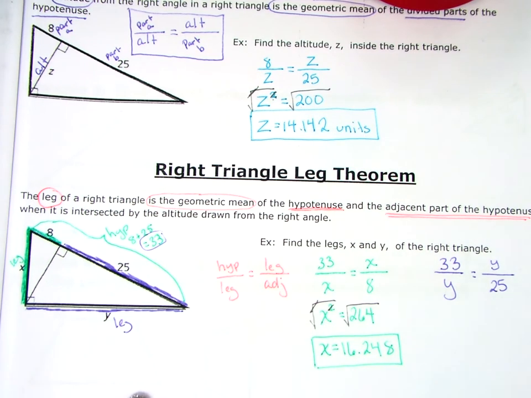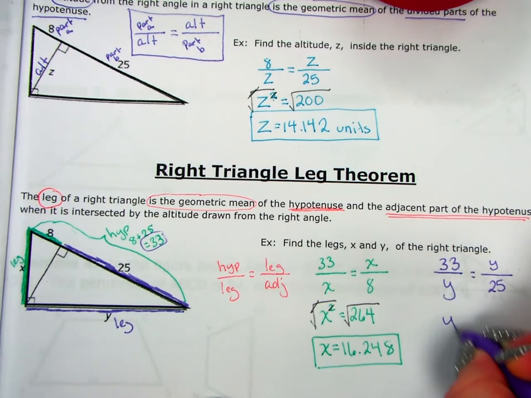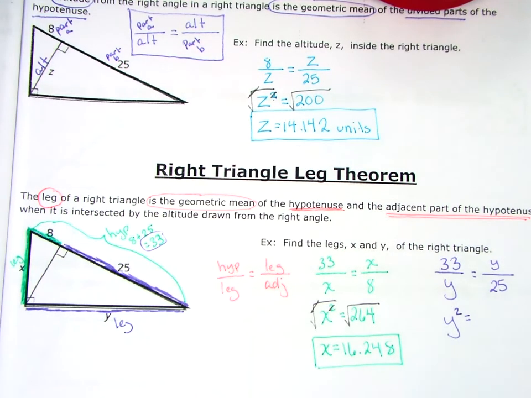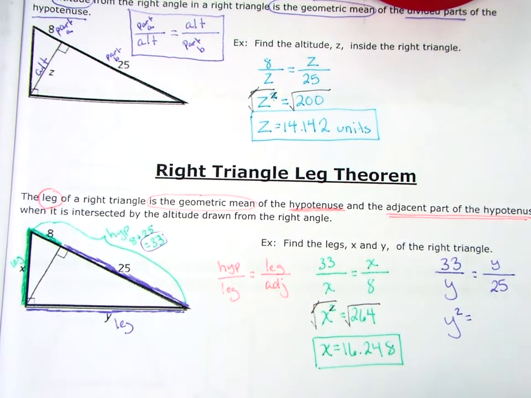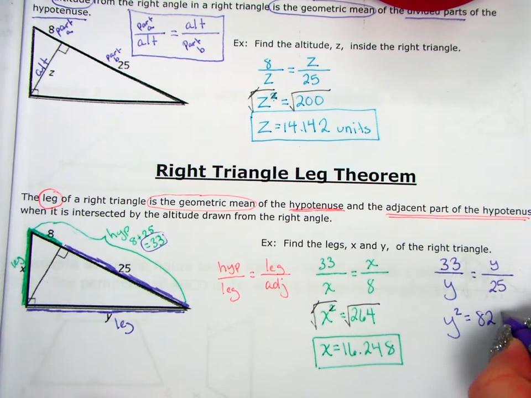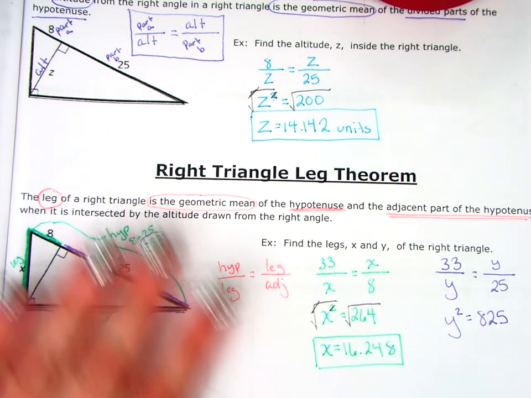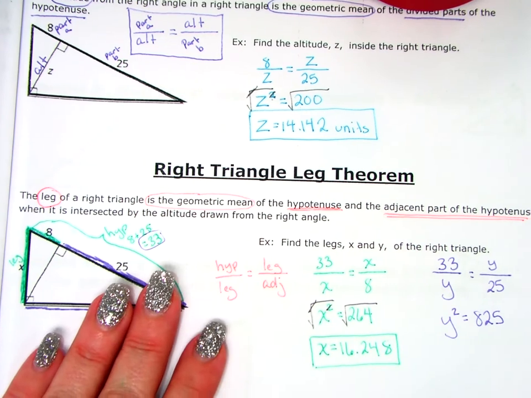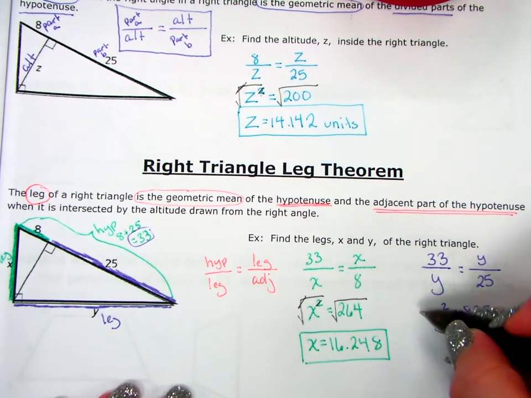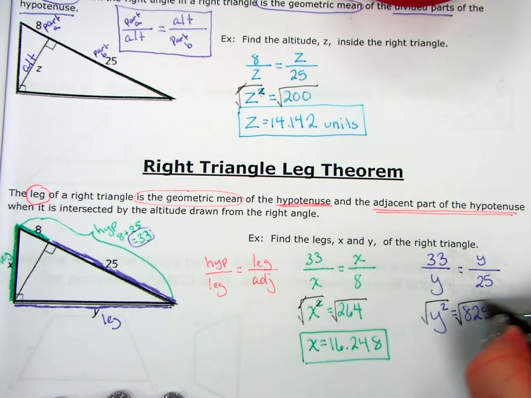So when I cross multiply, I'm going to get y times y, which is y squared, and 33 times 25 is 825. Unsquare it by square rooting.